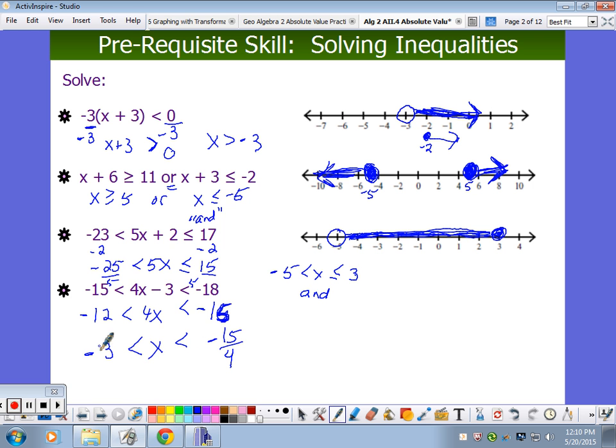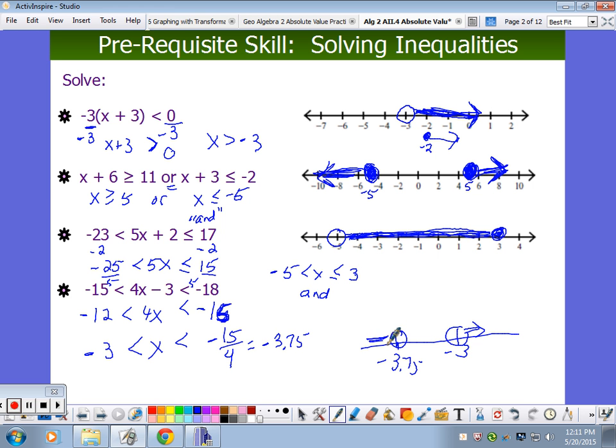But wait one second here. If I put this as a decimal, negative 3.75, and if you were to try to graph this, here's negative 3, here's negative 3.75. It says x has to be bigger than negative 3, and at the same time, it has to be smaller than this.